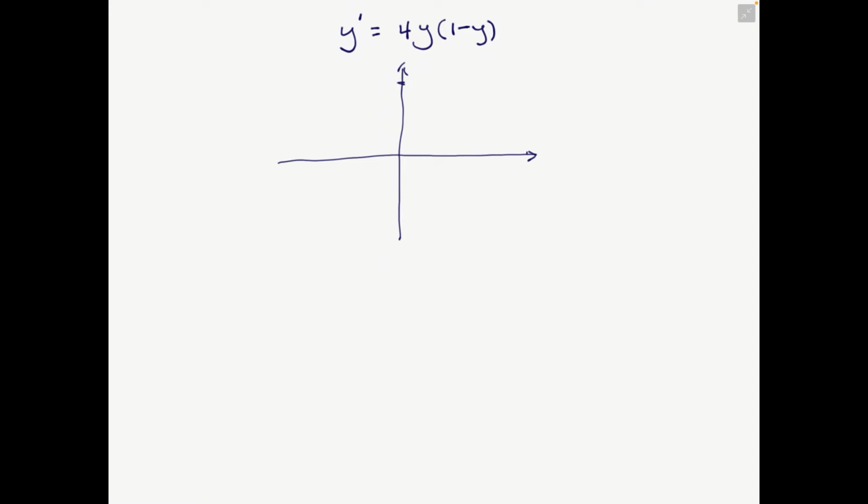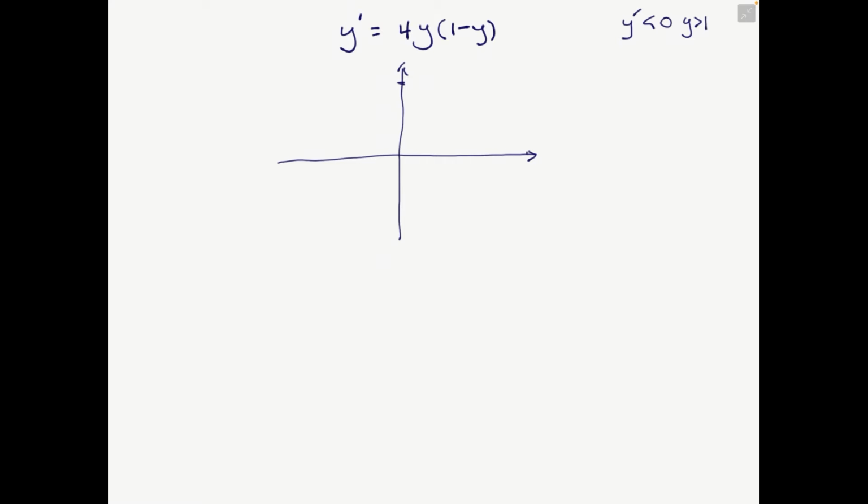Well, y prime becomes negative, y prime less than 0, for y's greater than 1.